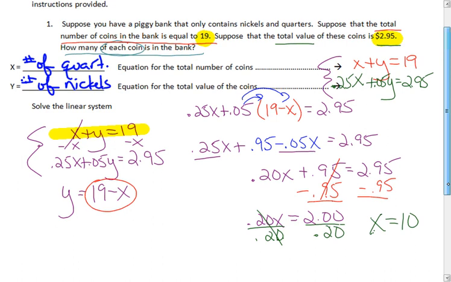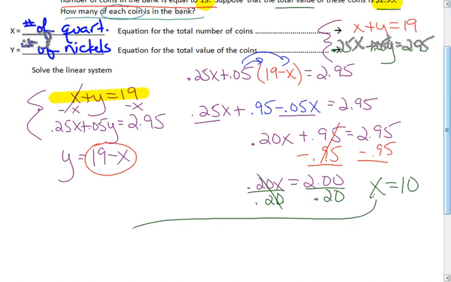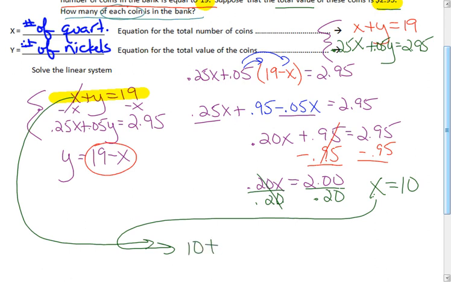Okay, now I'm only half done here because I got to take my x equals 10 and plug it into one of the original equations. Well, I'd like to think I'm going to pick the top one because it looks a lot easier to work with. I could plug it into the bottom one and get the same answer, but 10 plus y equals 19 looks awfully easy to deal with. So when I subtract 10 from both sides, I get y equals 9.